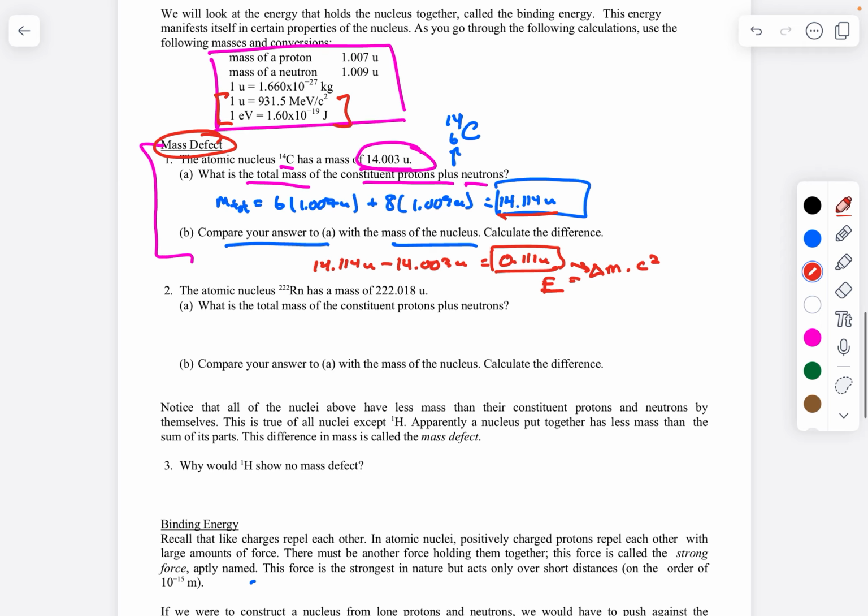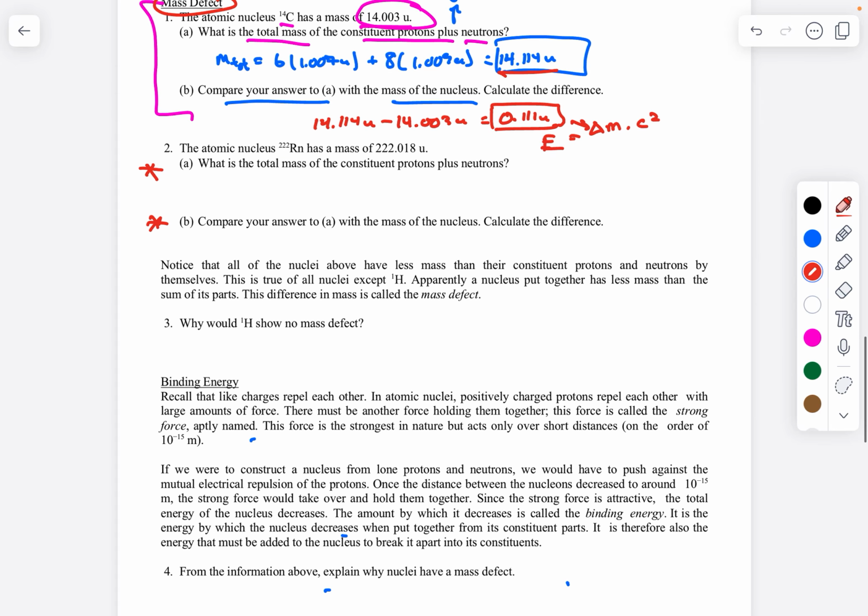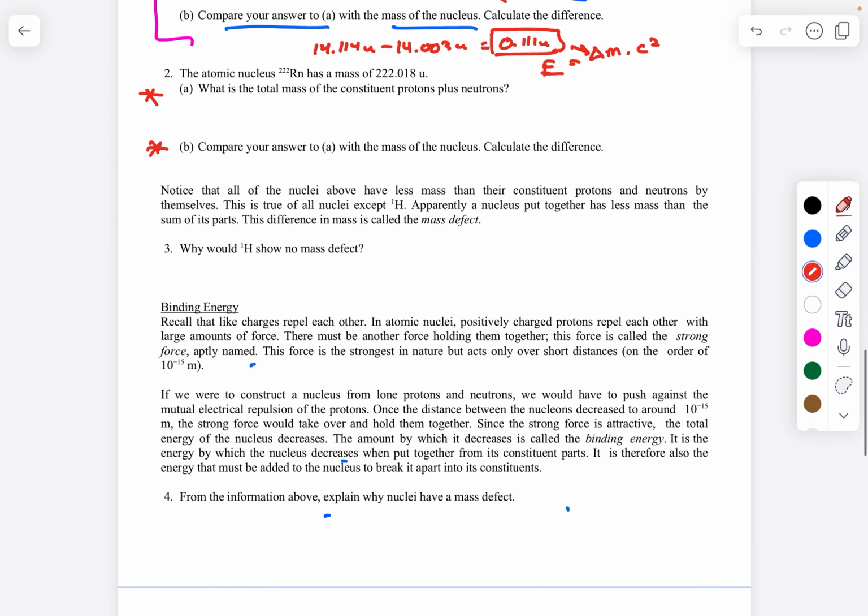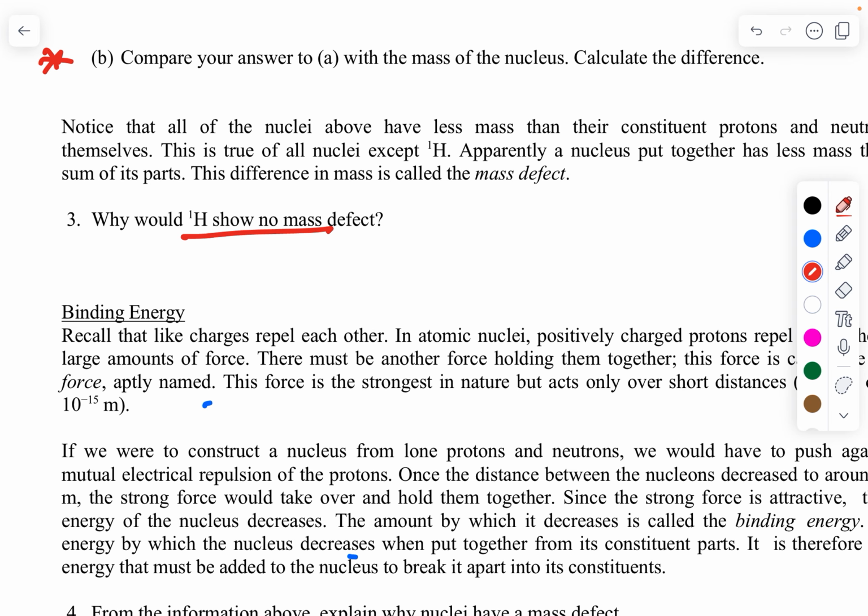This calculation is the same as the one above. Here's an interesting question: why would hydrogen have no mass defect? Well, hydrogen has one proton.